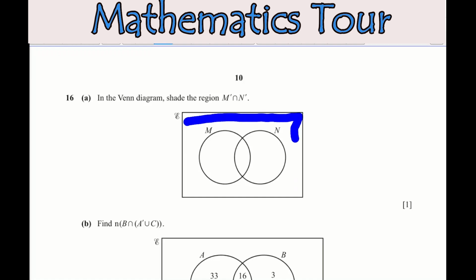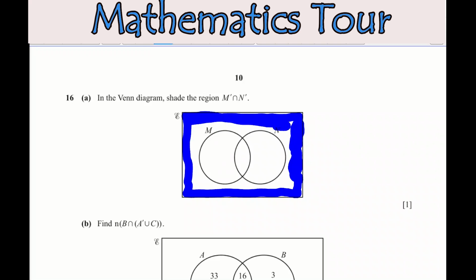Let's pick this one again, sorry, in case it goes out, so it may not be perfect. We just have to shade inside the rectangle but outside the two circles.